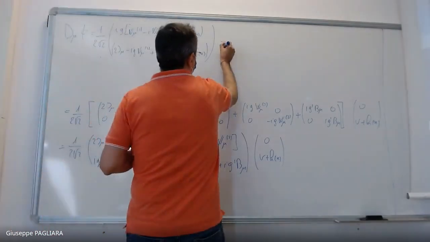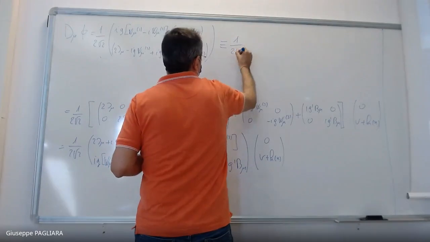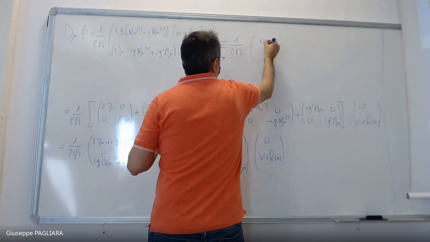For brevity, let me just call these 1 divided by 2 square root of 2, A and B.